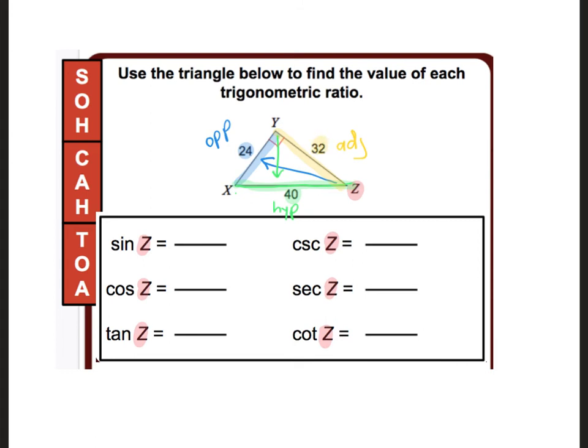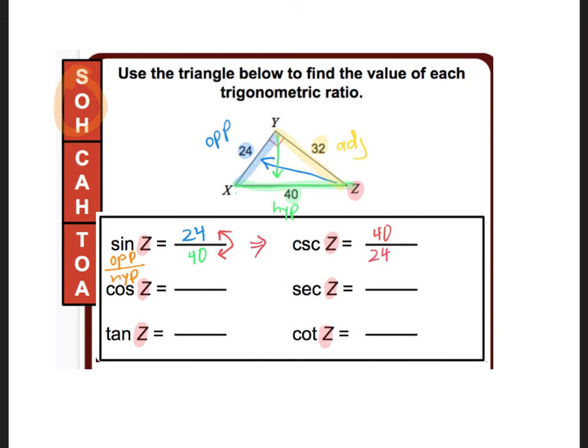All right, from here we're going to set up our ratios. Remember again, sine, we have SOH. So sine is O is for opposite, H is hypotenuse. So we have opposite over hypotenuse. Again, my opposite side is 24. My hypotenuse is 40. So we have 24 over 40. Again, to get cosecant, we can just flip our sine ratio, and we get 40 over 24.